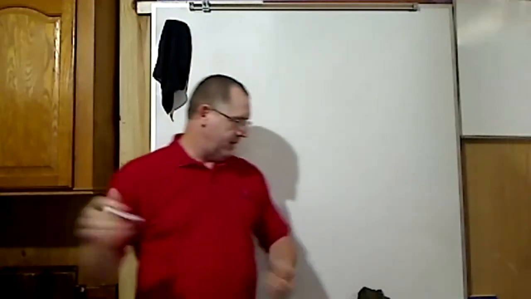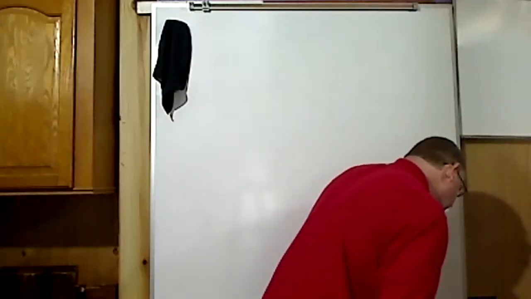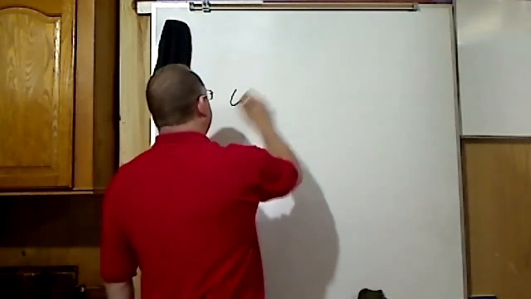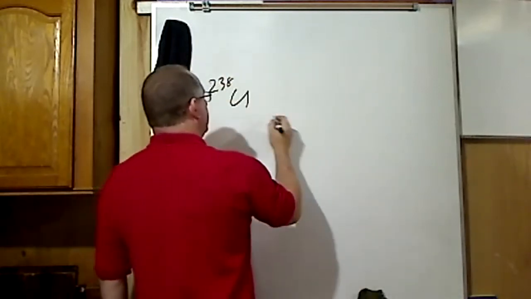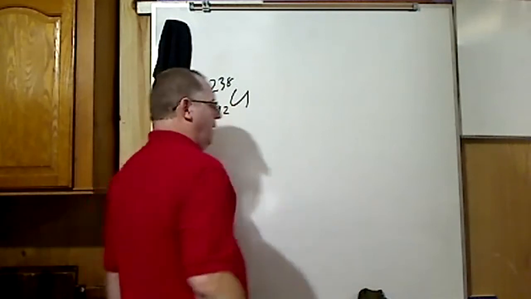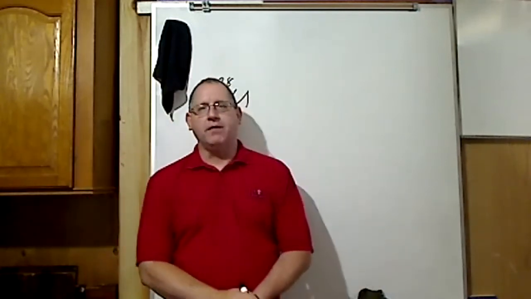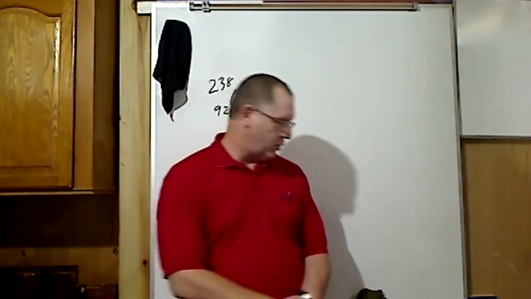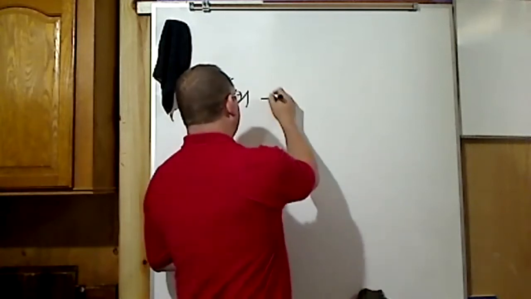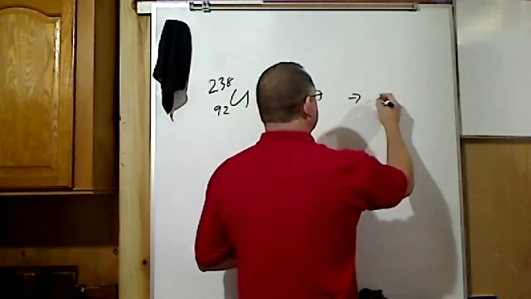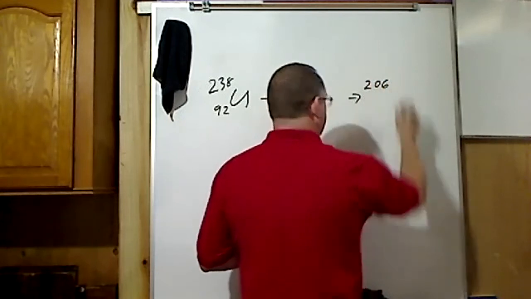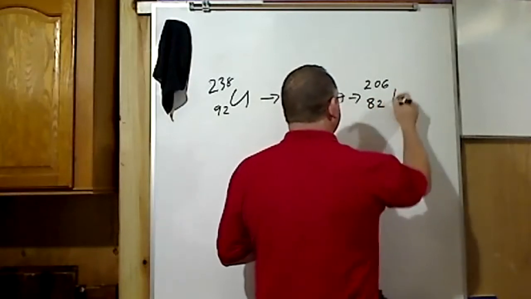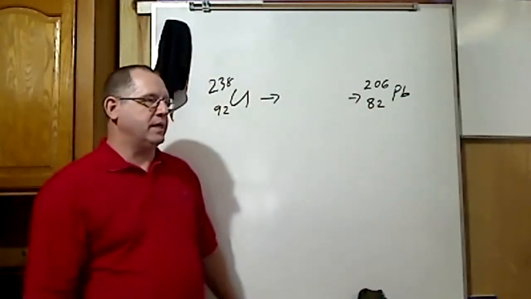Let's look at something. I am going to go back to uranium-238, and there are a series of reactions that can occur. This series of reactions is quite fun, but eventually, after a number of reactions, we get down to lead-206.